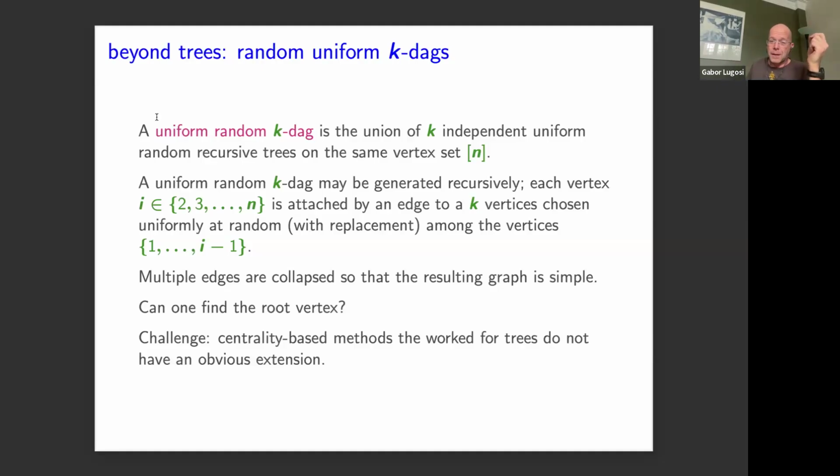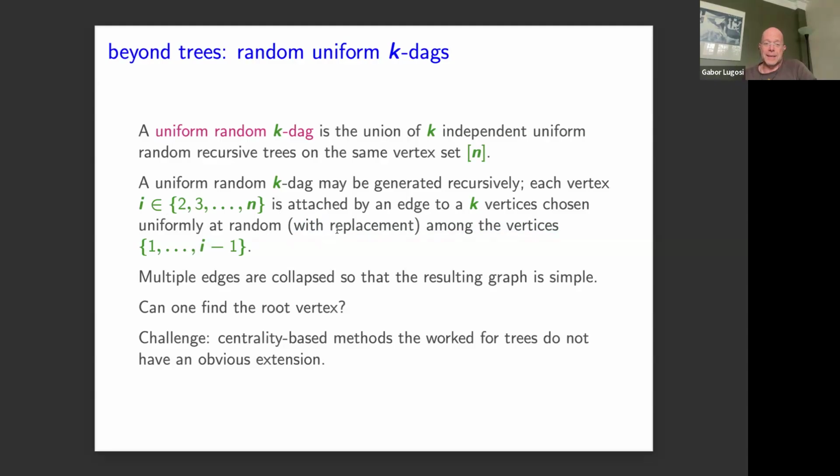At each time, when a new vertex arrives, it connects to k independent randomly chosen vertices. This may be with or without replacement. The difference is not too big. For convenience, we looked at sampling with replacement, so there may be vertices that have fewer than k parents.